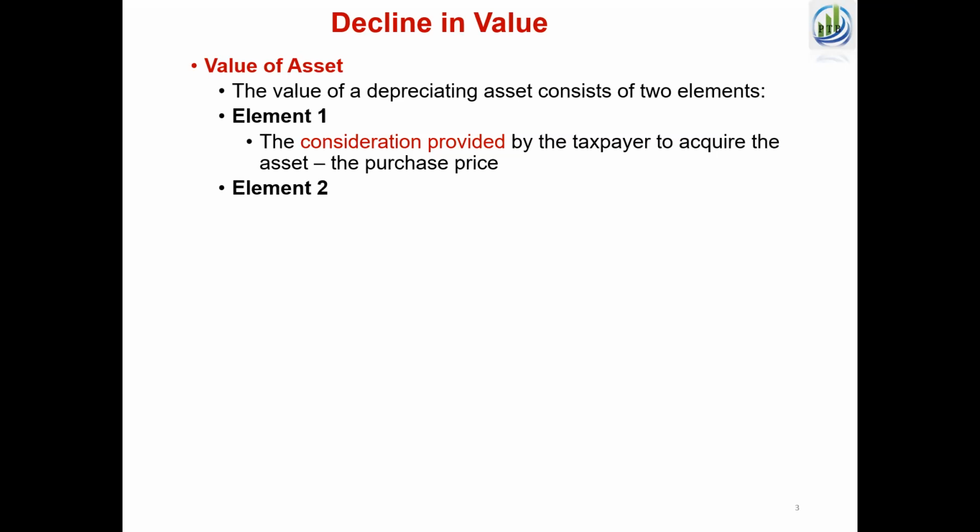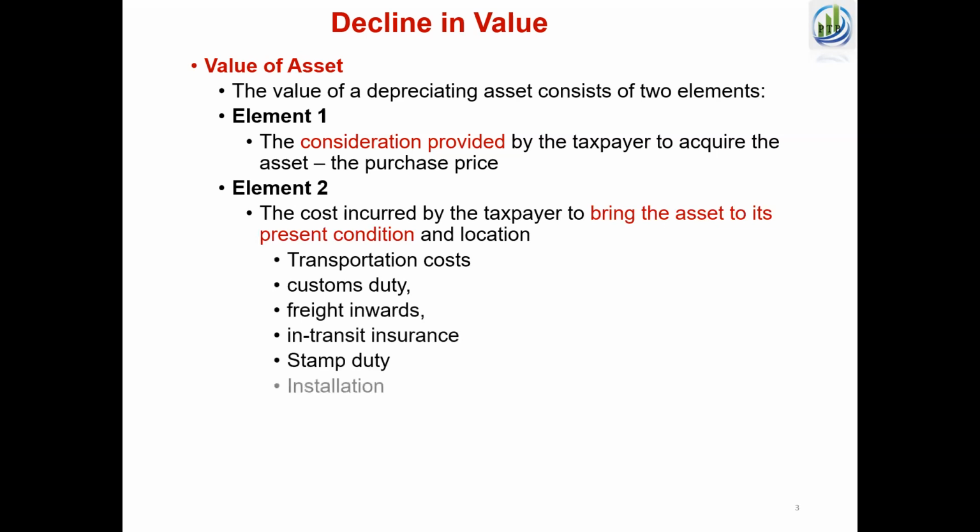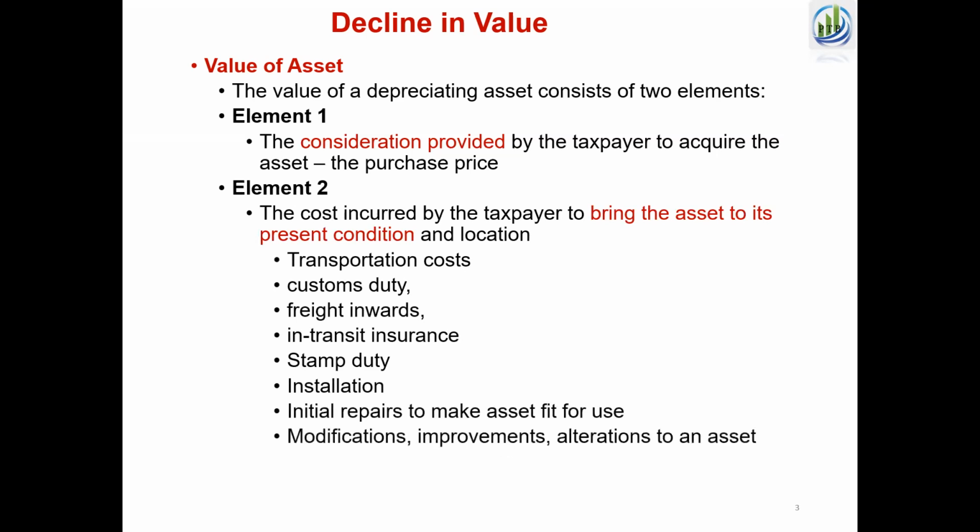Transport insurance will be part of the element. Right? So anything that you are spending to bring that asset to a usable condition is going to be a part of the element. Your transport cost, your customs duty, freight inwards, in transit insurance, stamp duty, installation, improvement, initial repairs, everything is going to be part of your element 2.